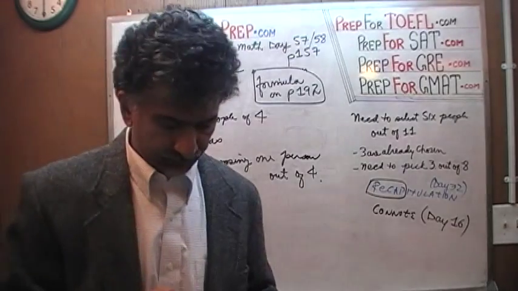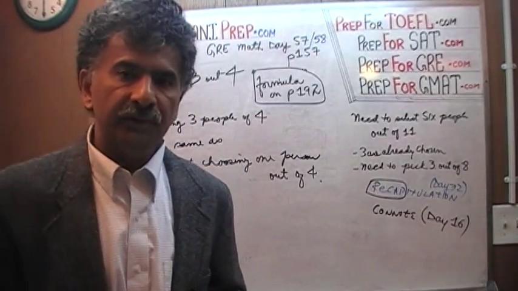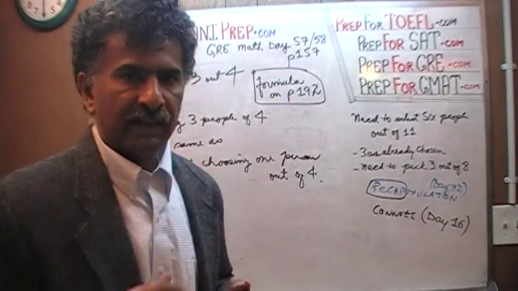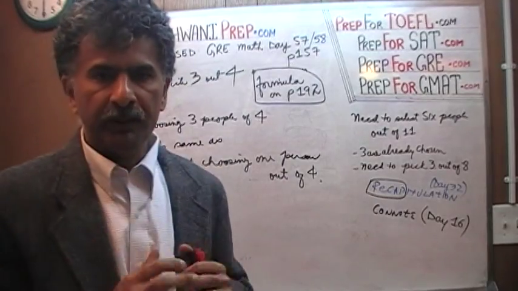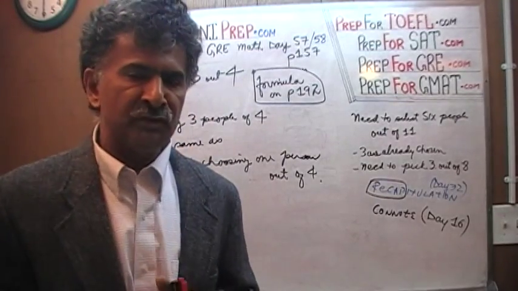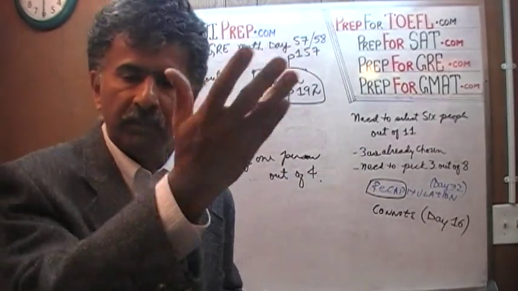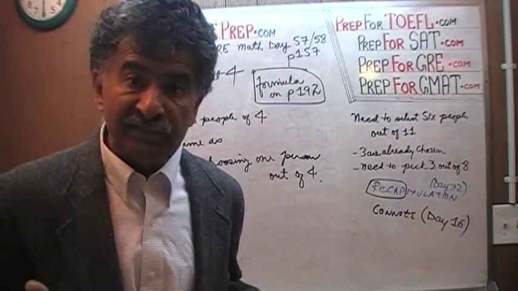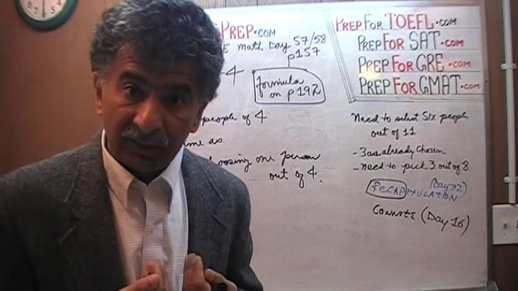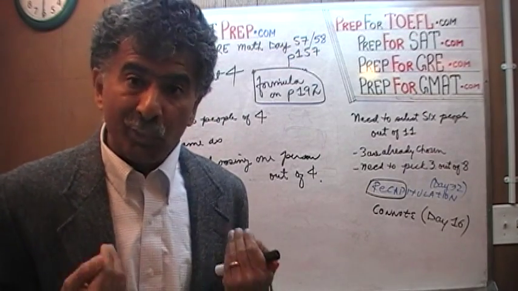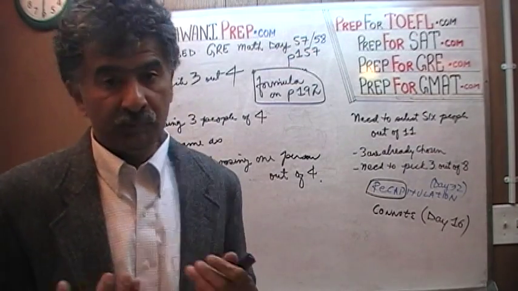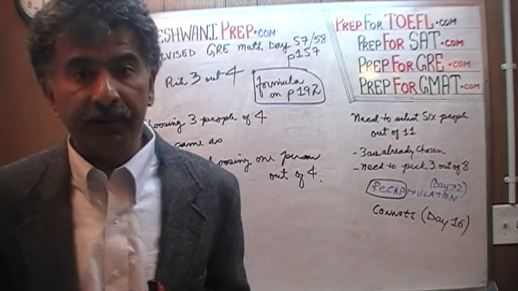Let's listen carefully. If you tell me there are 4 people in that room, and to come out with 3 people that you'd like to work on this project, what you essentially asked me is to make a decision on which one I don't want to pick. Because whichever one I don't pick, I'm picking the other 3.